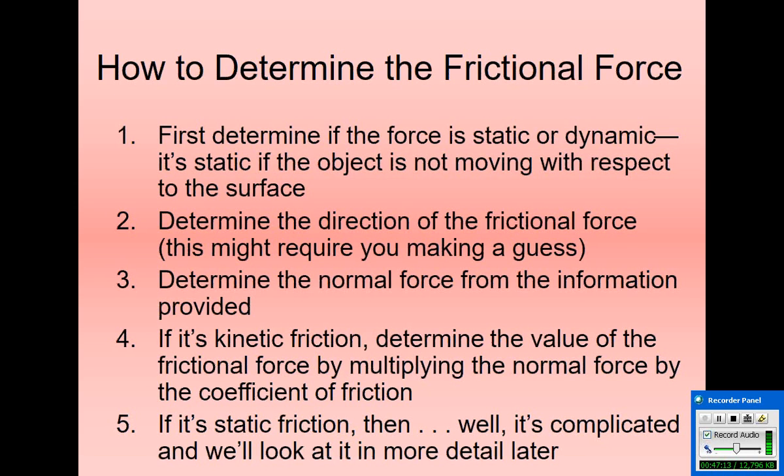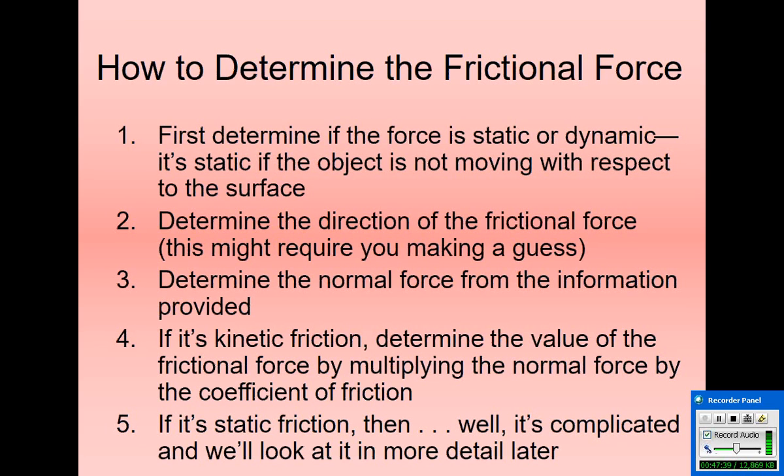But if the two surfaces are not sliding with respect to each other, it's more vague. If there is an attempt to push an object, then the static frictional force would be in a direction opposite to it. But we'll see situations where the static frictional force defies what our intuition might be telling us. Determine the normal force.